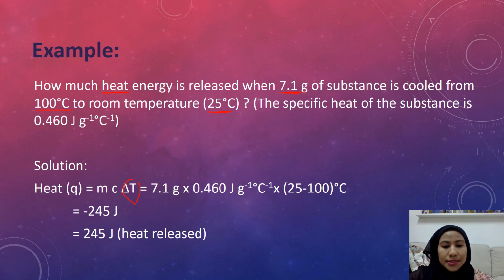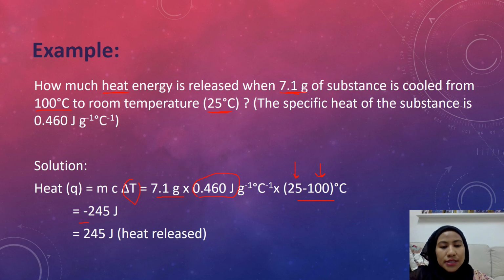So we can substitute the values into the formula: 7.1 grams times the specific heat of the substance, 0.460 joule per gram degree Celsius, times 25 minus 100 degrees Celsius, final temperature minus initial temperature in degrees Celsius.